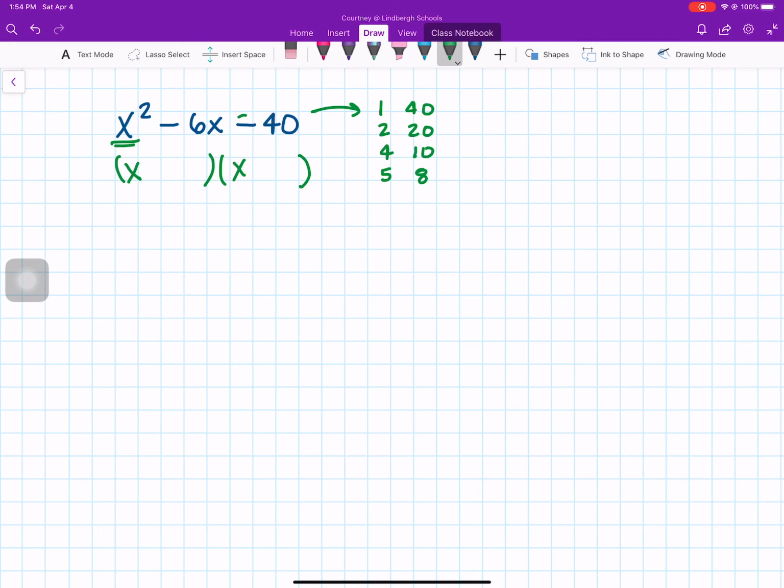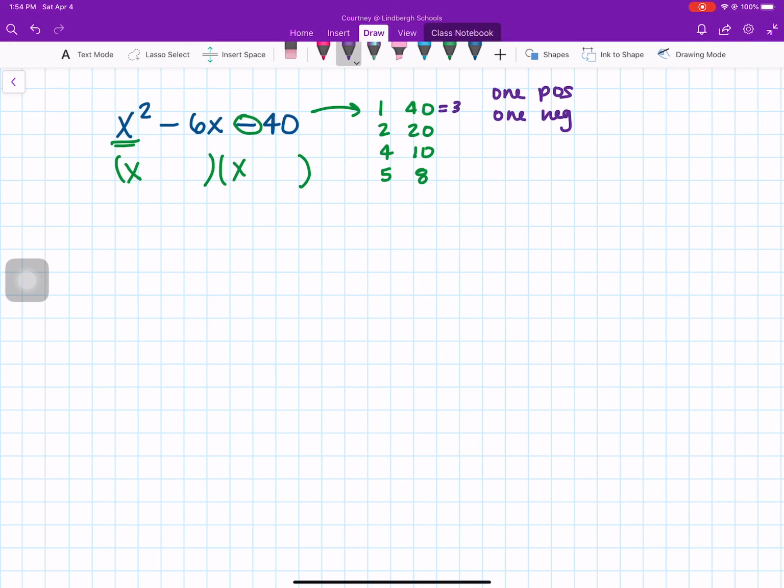Again, this is a negative 40. So you're thinking of numbers that are going to multiply to negative 40, which again means one number is positive and one number is negative. Which basically implies that we are going to be subtracting these numbers.